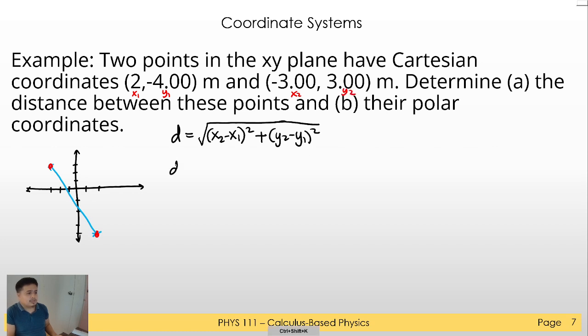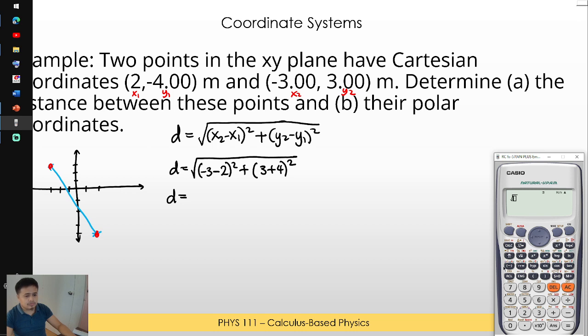The distance between these two can be solved. So we have x2, negative 3, minus 2, squared, plus y2, 3 minus negative 4. So this will become plus, no? 3 plus 4, squared. So the distance in between these two, we have the square root of negative 5 squared plus 7 squared. So the answer should be square root of 74 or 8.602.